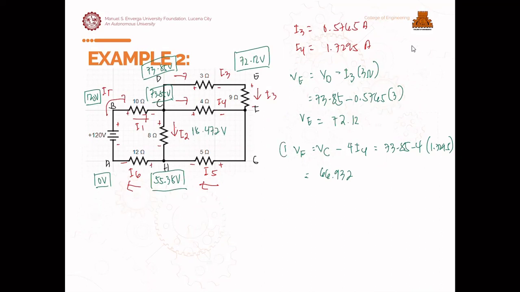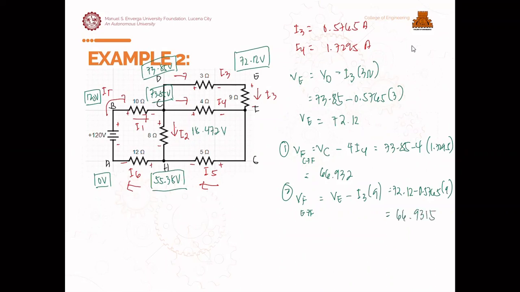Check natin pag yung VF natin is from E to F. Okay? So VE minus I3 times 9. Okay? So 72.12 minus I3 natin, 0.5765 times 9 is the same, no? 66.9315.